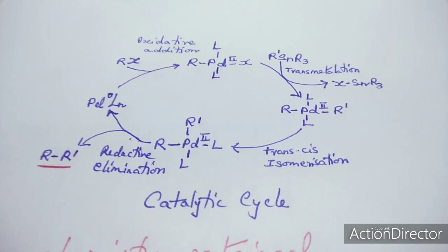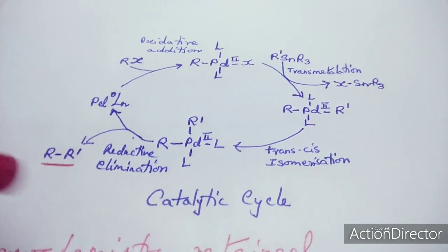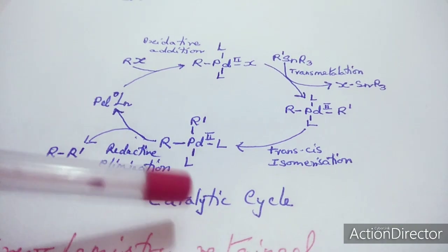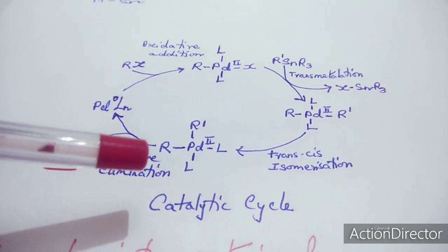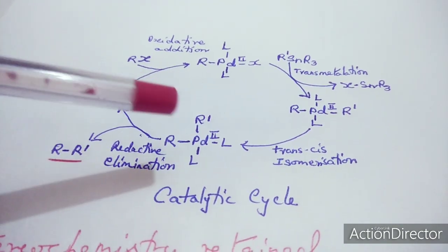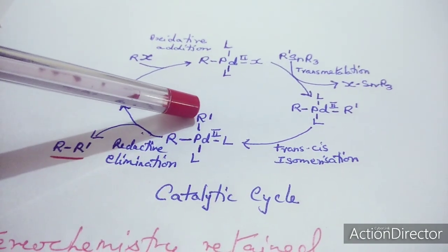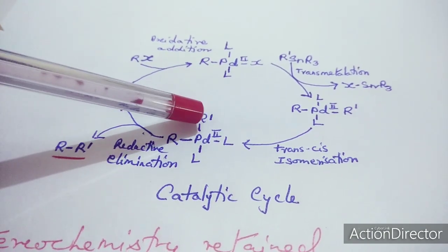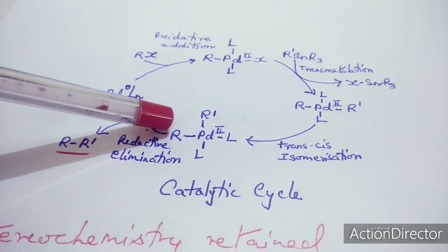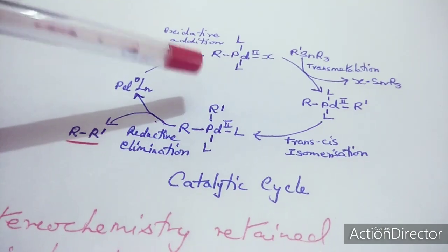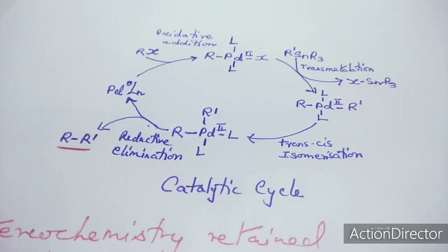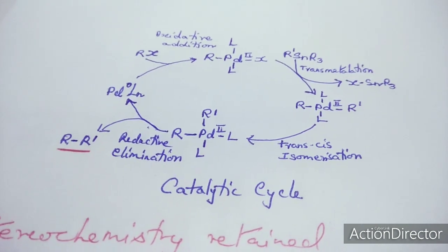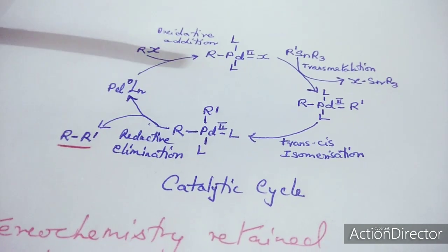After that, trans isomerization occurs, and it is a necessary step, because these two will be coupled. Trans is the thermodynamically stable state, so after oxidative addition what we get is the trans.